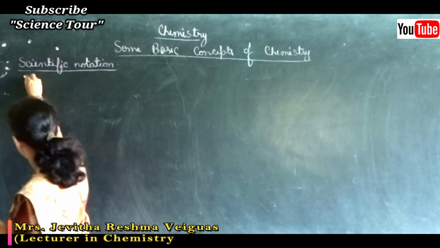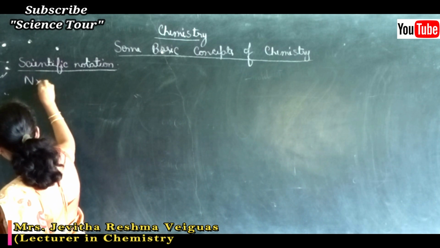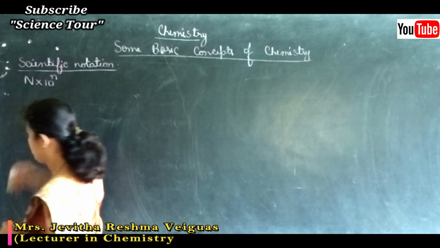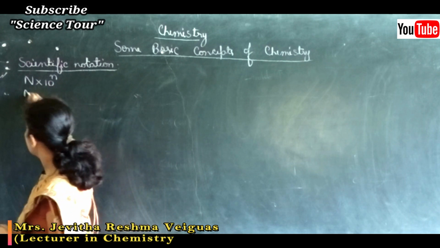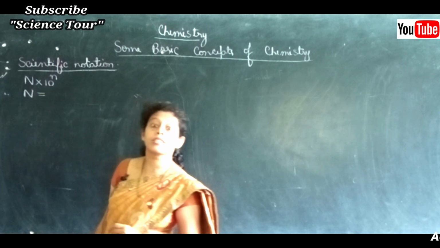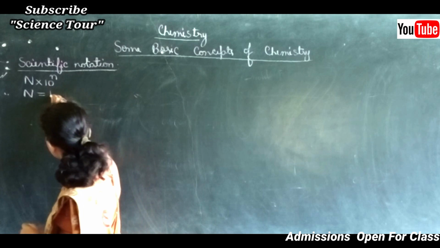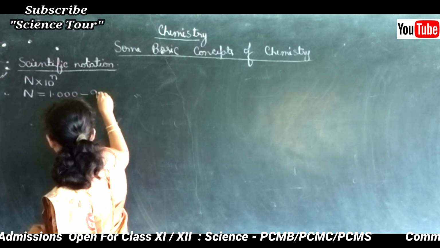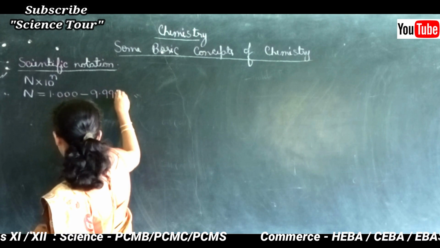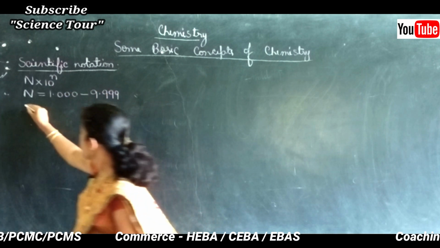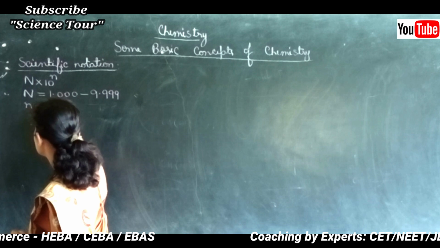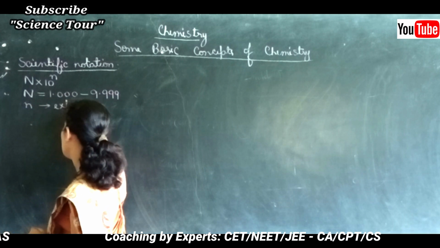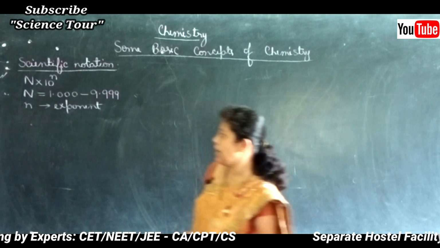That is, we have written it this way, N into 10 to the power n, where capital letter N is called a digit term whose value ranges from 1.000 to 9.999, and small letter n is the exponent. This is what we have learnt in the previous class.